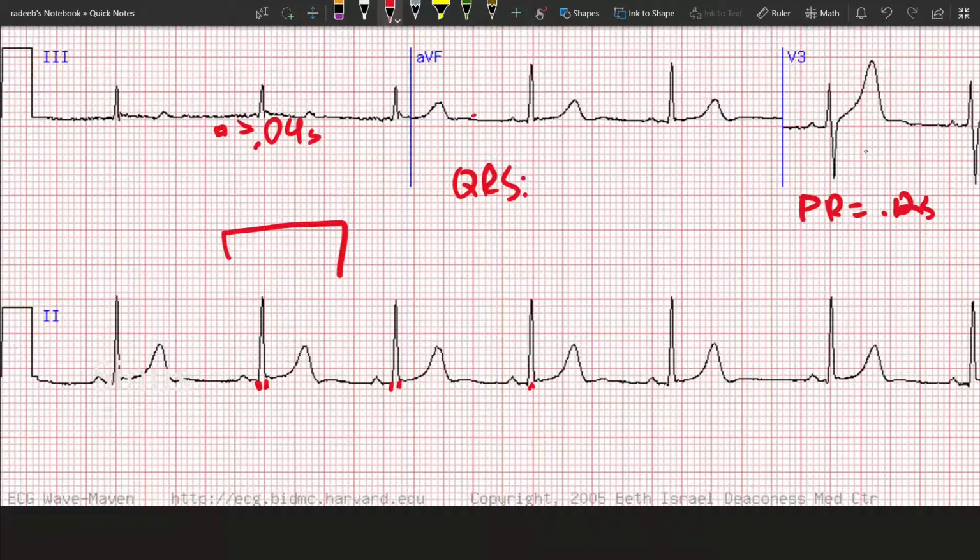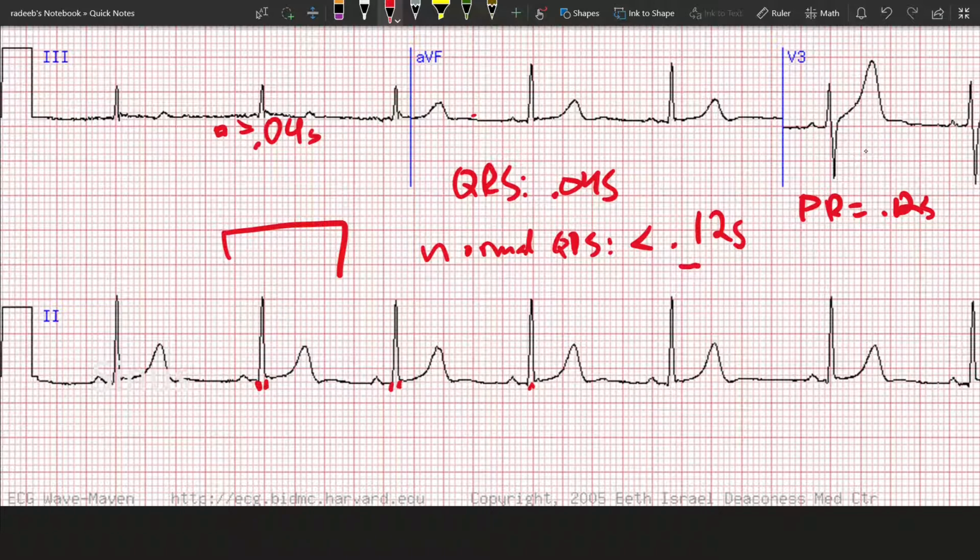So let's say it's one small box, so our QRS is 0.04 seconds. Normal QRS interval is going to be less than 0.12 seconds, so that would be 3 small boxes about that wide.